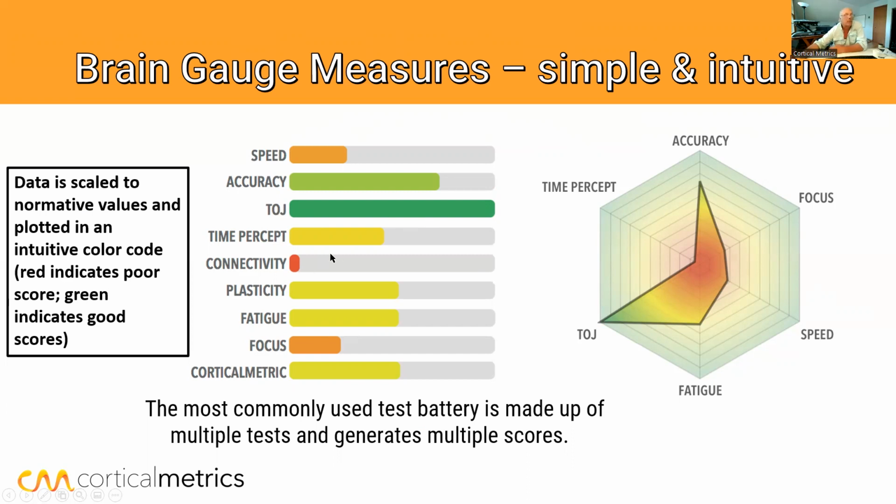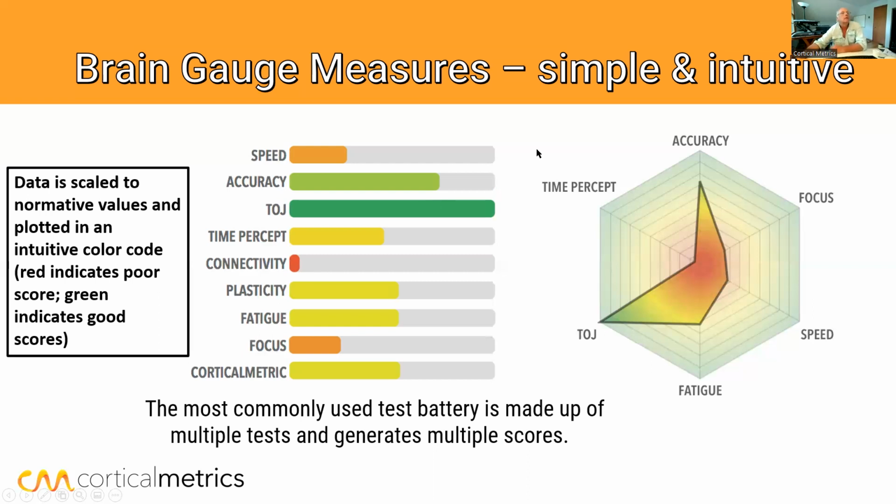That's simple. Yellow is somewhere in between. So what you want is to have all green. This is called a bar chart, and we can also plot it in a radar chart. Some people like the radar chart. I prefer the bar chart. That's just me. These things are scaled from 0 to 100, 100% being your best score. If you get a 5, that's not a good score. It's pretty straightforward, and it's scaled to thousands of normative data points that we've collected over the years.